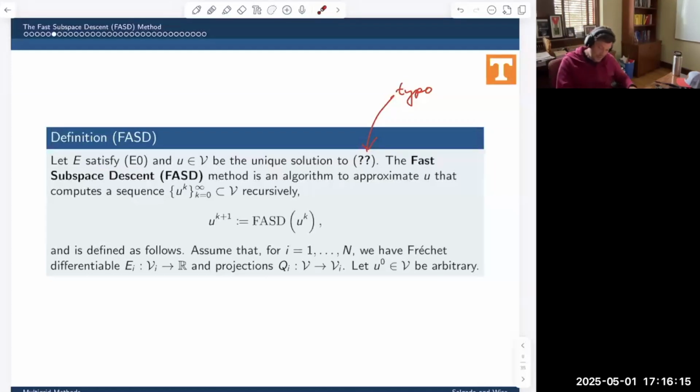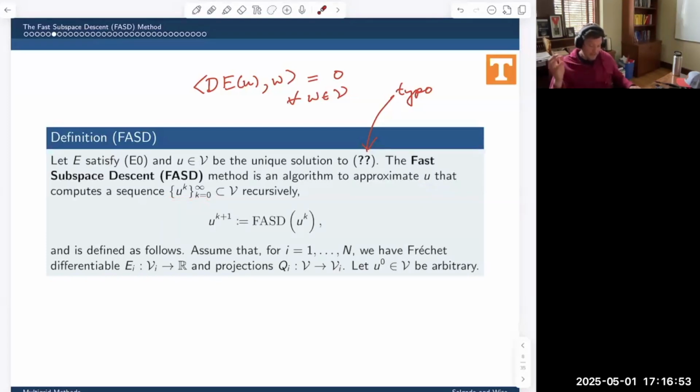And what does it satisfy? u is the unique solution to dE(u), w equals 0 for all w in V. So it's the minimizer, right? And therefore it satisfies the Euler equation. So that's what u is. We're going to compute a sequence of approximations that hopefully converges to u.